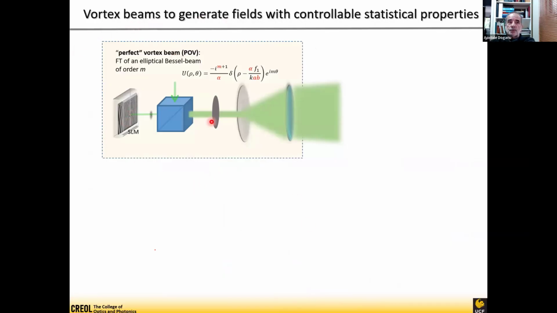Now that we know how the vortex beams are practically transformed into an essentially spatially incoherent beam, then probably we should look more carefully at the properties of that random field that is generated, to use it for our sensing purposes, right?